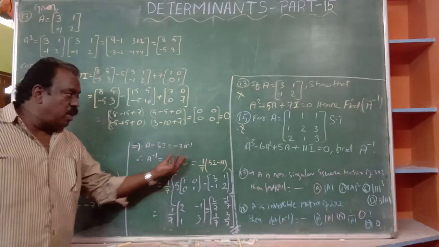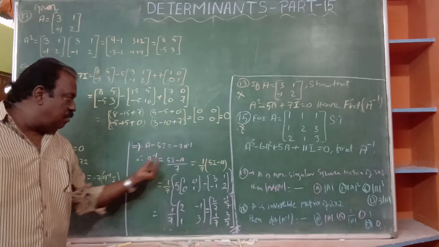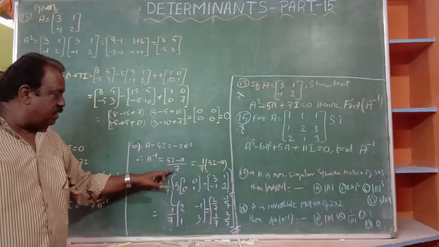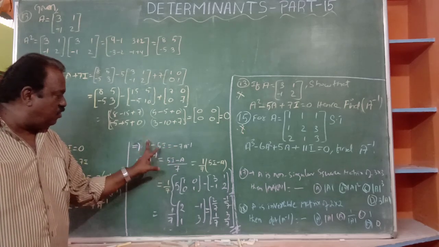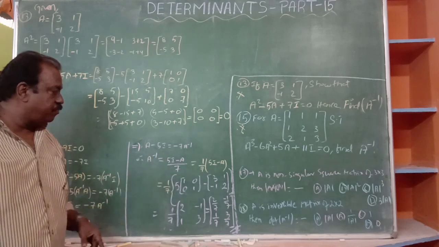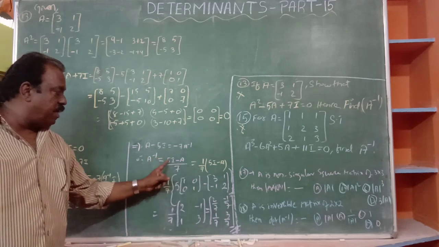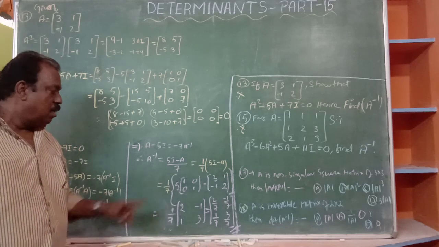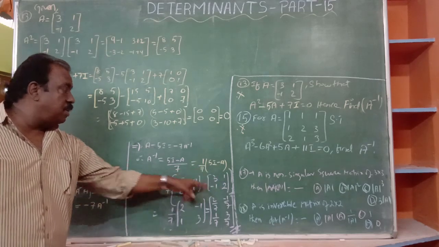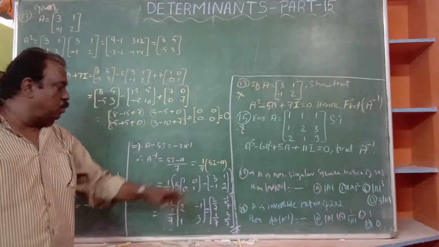We are asked to find A inverse. A inverse is equal to minus 7 goes to this side, so instead of A minus 5I, interchange: 5I minus A. So A inverse is 1 by 7 into 5I minus A. What is 5 into I? 5 times 1, 0, 0, 1. What is A? 3, 1, minus 1, 2.